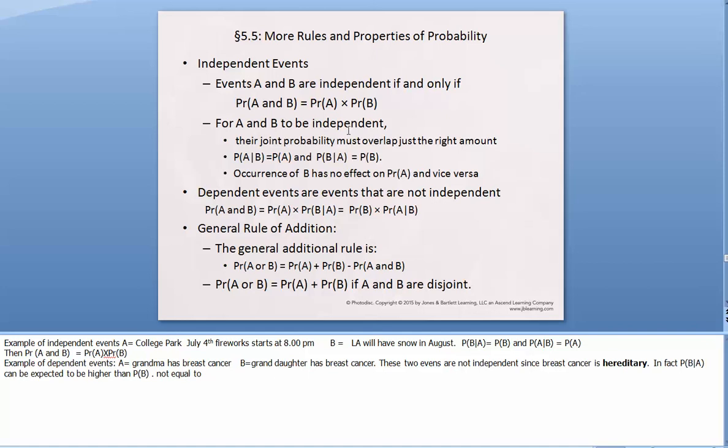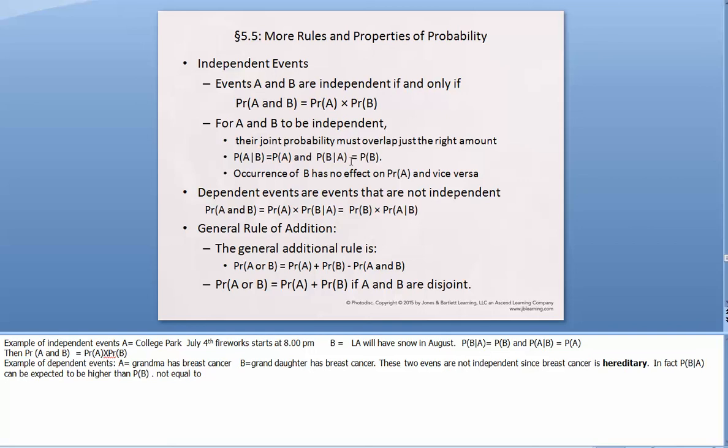For independent events, the conditional probability of A given B is the same as the probability of A. What this means is that the fact that B has happened is not going to play a role in determining the probability of A. It doesn't matter whether we know that B has happened or not. In such situations, you will say A and B are independent. So for independent events, the conditional probability is the same as the unconditional probability. And of course, you can interchange A and B and write the same equation for B given A.